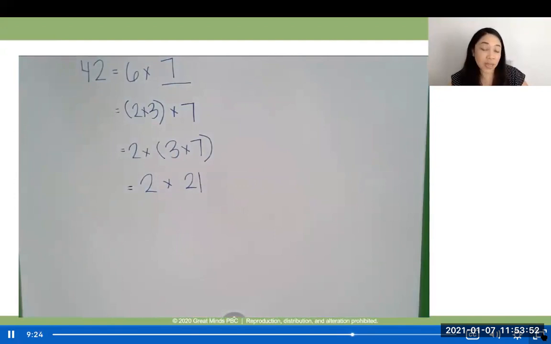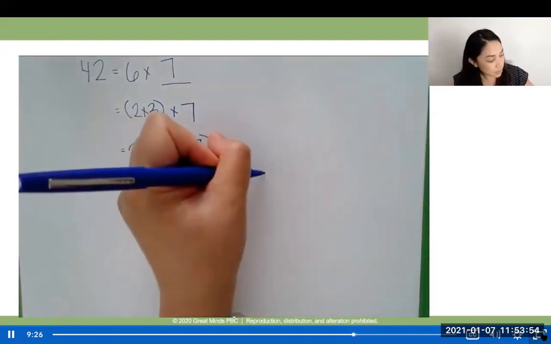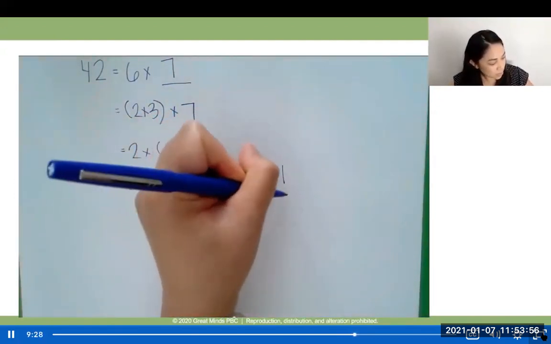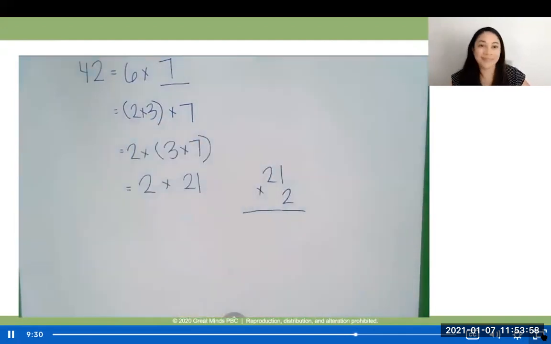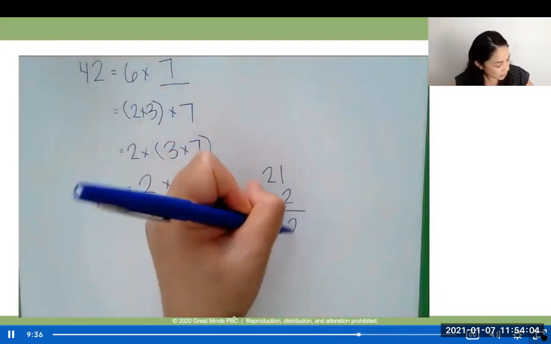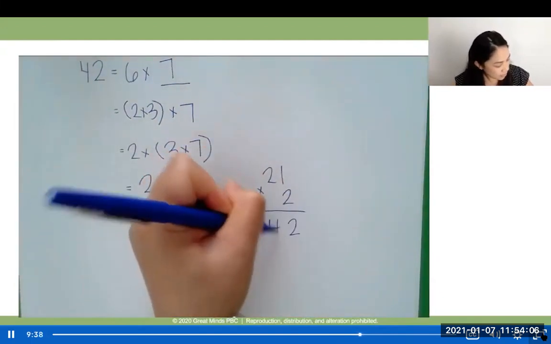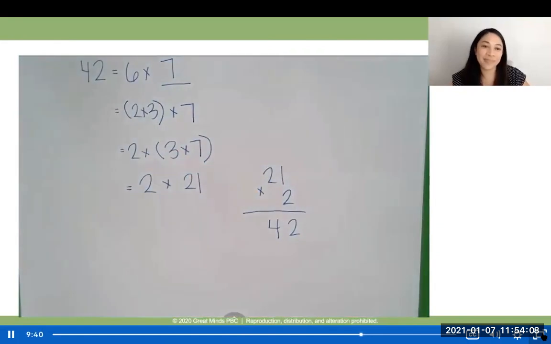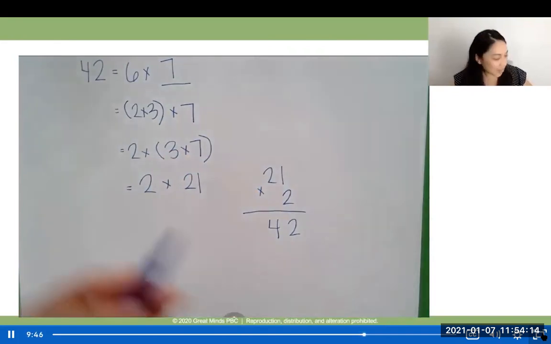Let's find the product of 21 times 2. Go ahead and solve this on your paper now. What is the product of 2 times 21? 42.